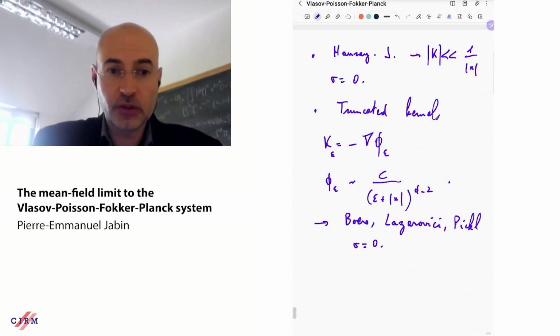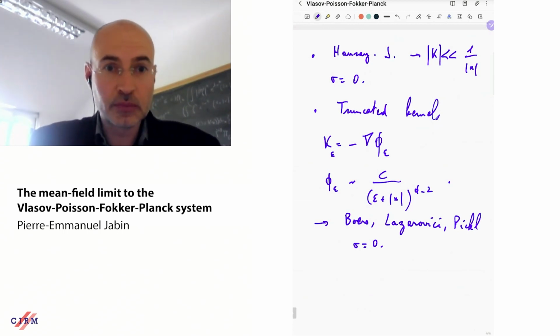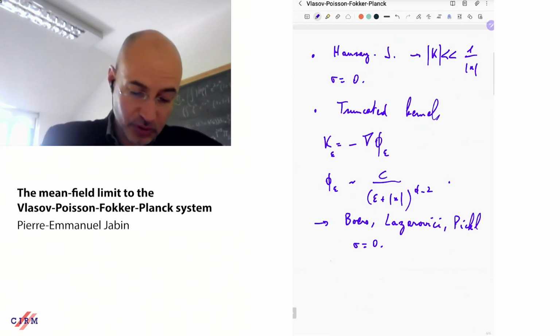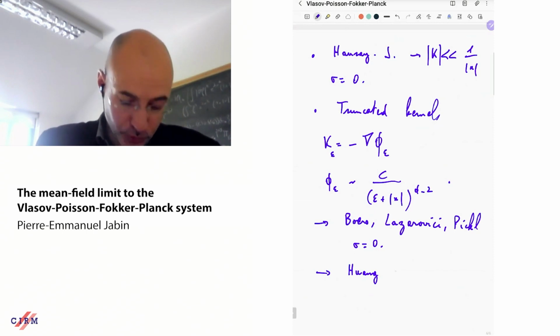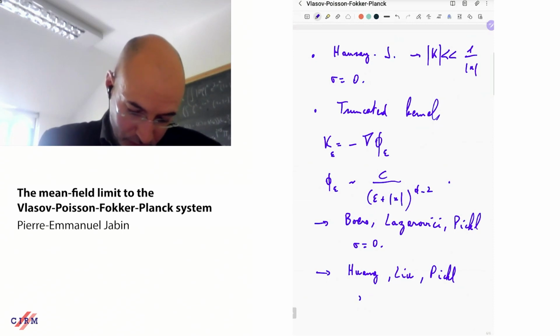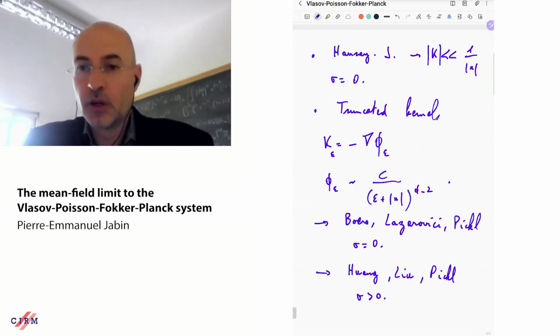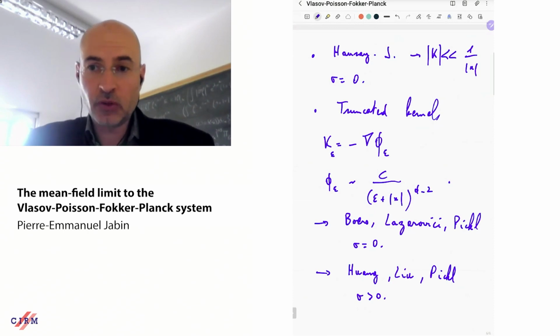Then this can be extended to the stochastic case, and that was done by Liu and Pickl. But in terms of second order systems with a singularity, that is pretty much it.